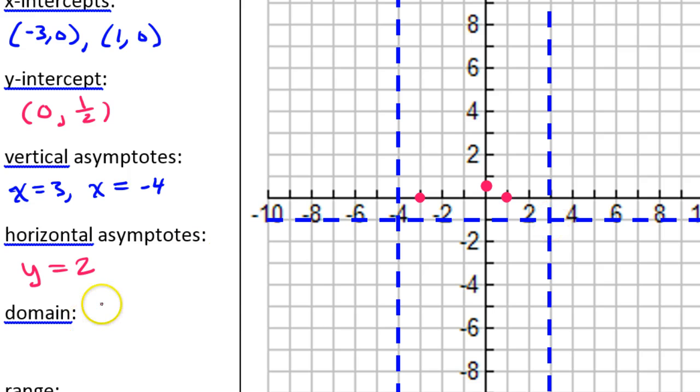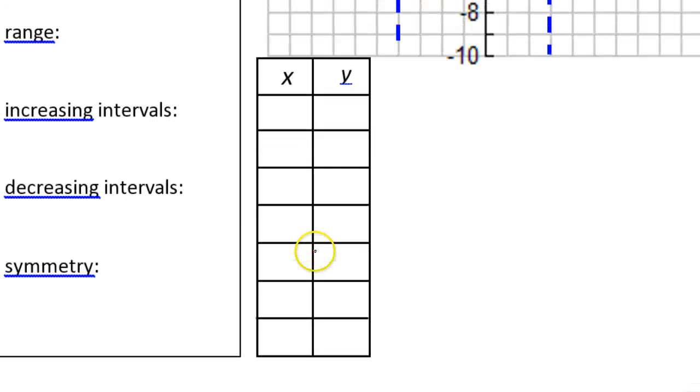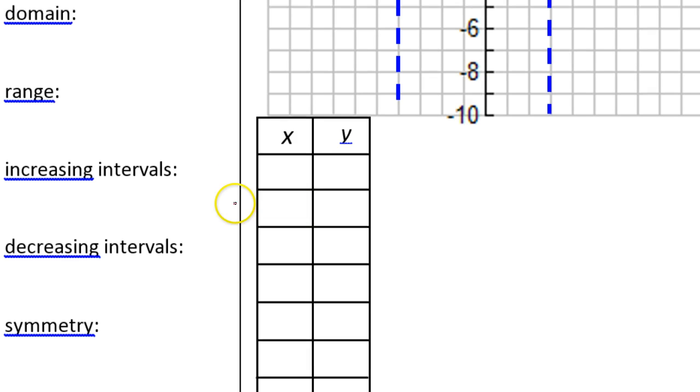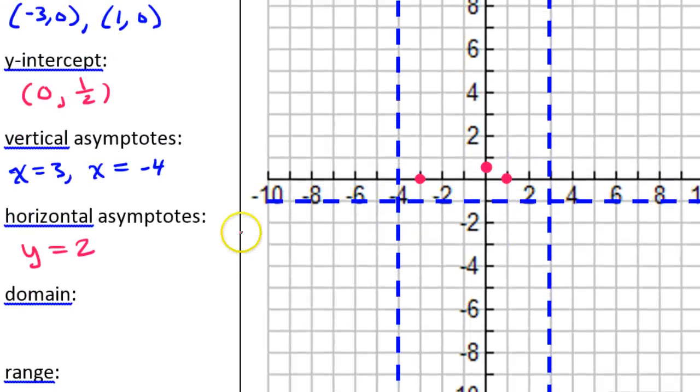Before we can do anything else, it's time to graph a bunch of points and get a better feel for what this graph is going to look like. Now, as you pick what values you're going to use to graph, and I'm going to record every value we pick on this chart, where you're looking to decide is the vertical asymptotes. And one thing I would urge you to do is always use values that are close to the asymptote for sure.